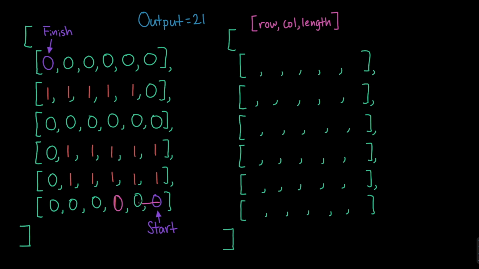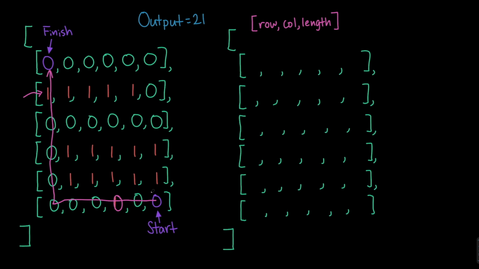If you started at our start node and this was a 0, you could go through the normal path, which is something like this, but there's a faster way, which is that you could go up through here and go through this, because there's only one wall, which is this one right here. We can go ahead and remove that as our one wall. So there's a faster solution there that should have a length of 11.